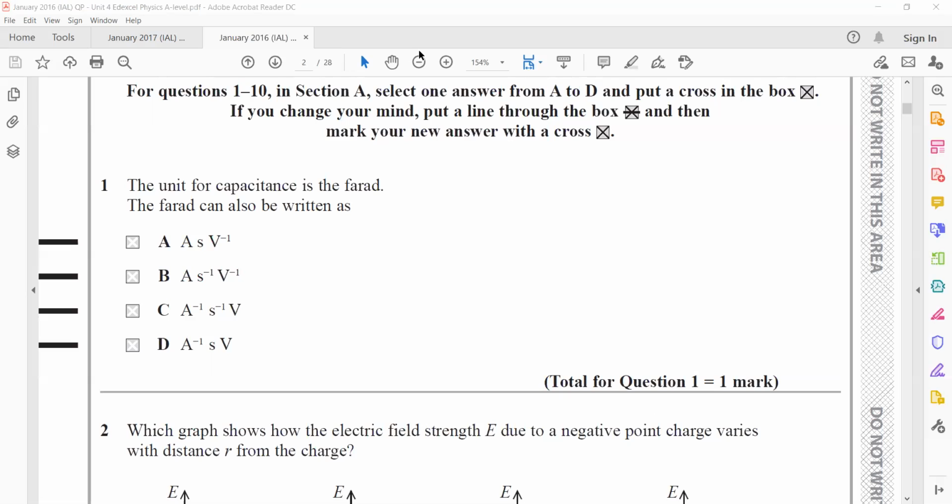Look how you can work it out. You have the formula Q = CV. Yes, A is the right answer. And how you can work it out: you have the formula Q = CV, so Q divided by V is equal to C.